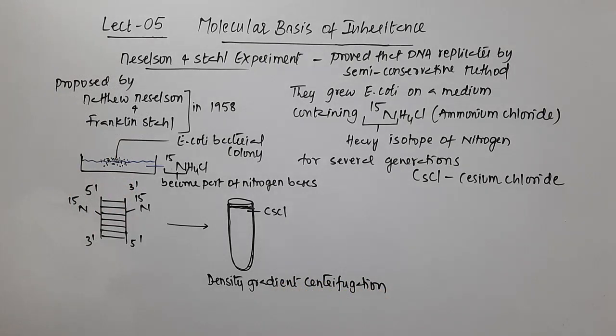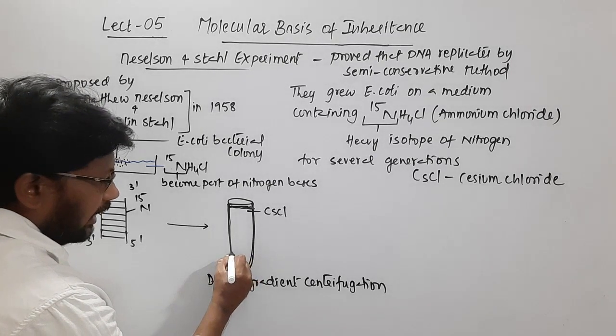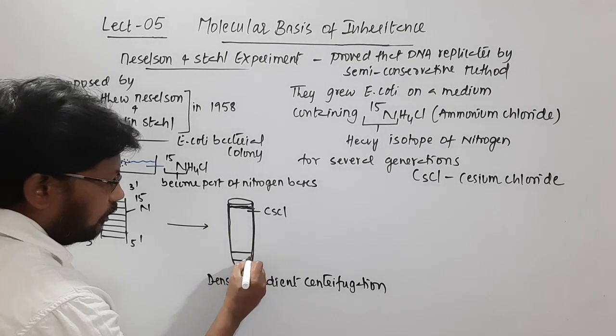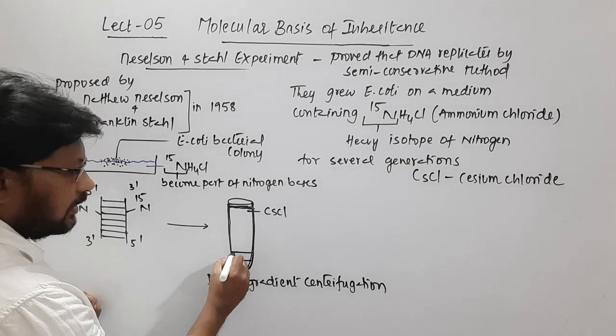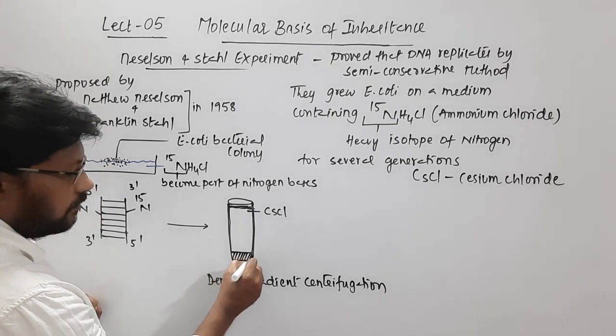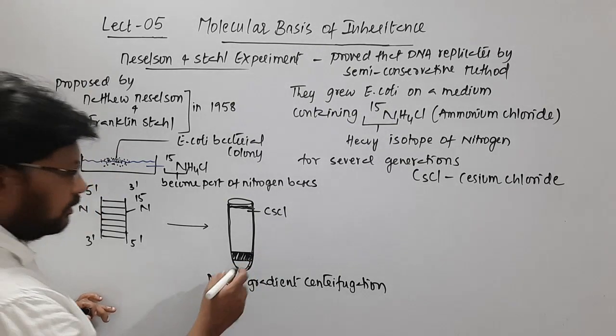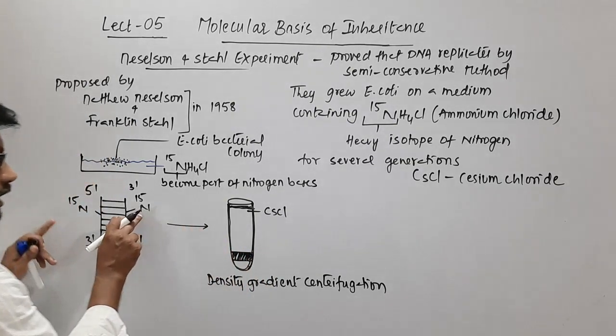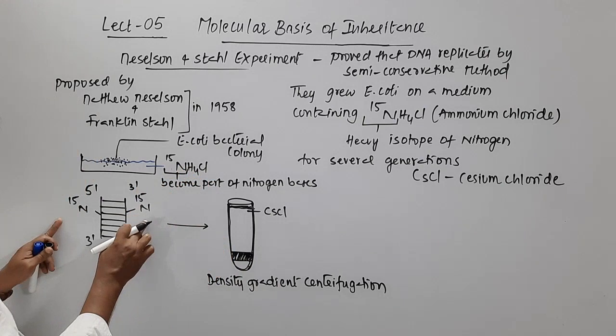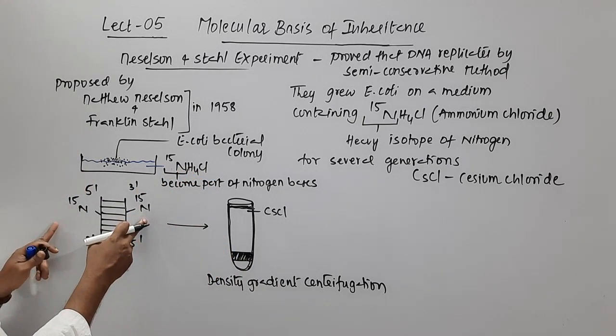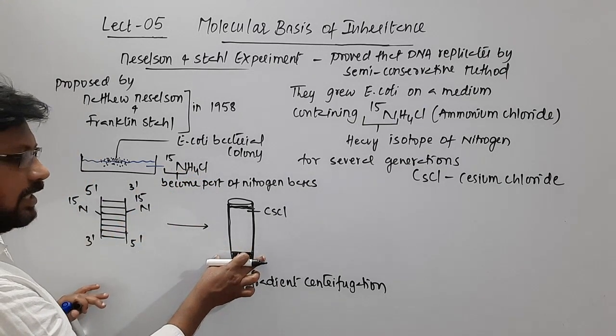When I did density gradient centrifugation, once I finished, I got a band near the bottom of the test tube. Because N15 is heavy and both strands have heavy isotopes, it came near the bottom.